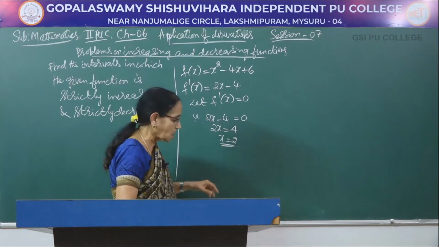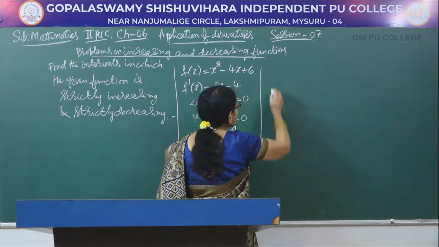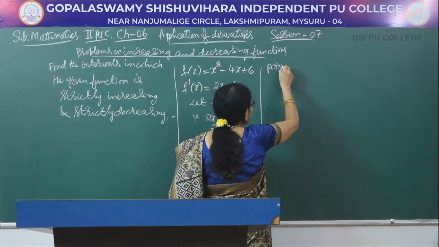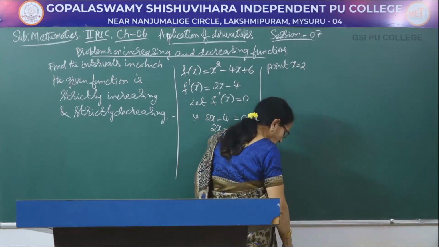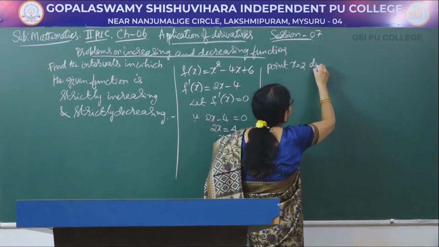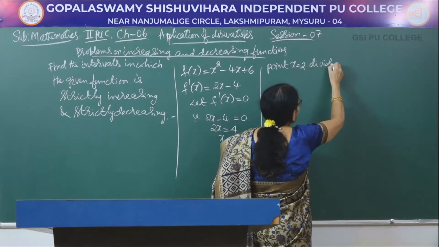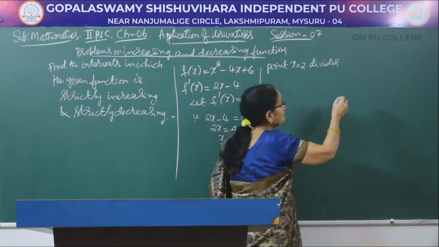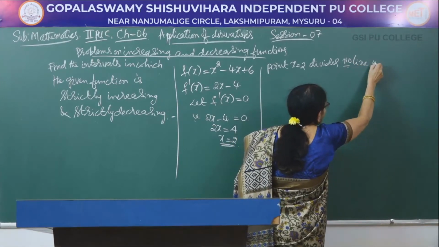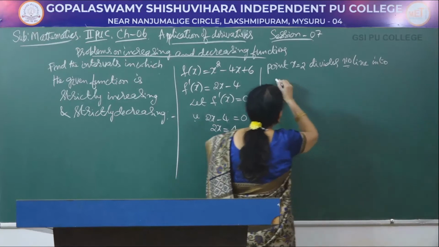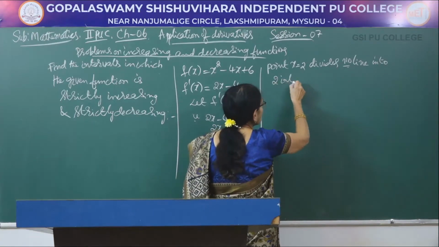So, here the point x is equal to 2 divides the number line, or the real line, into two intervals, not two parts.